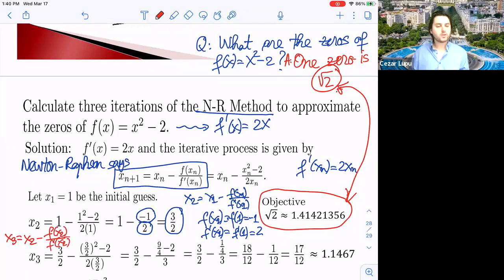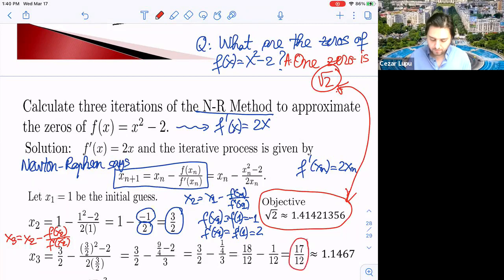And again, by just computing f of x2 and f prime of x2, right? So basically f of 3/2 and f prime of 3/2, so we're just going to replace them there. So you'll get this. So it's going to be 3/2 minus a fraction, and on the top we have (3/2) squared minus 2, and on the bottom we have 2 times 3/2, right? Because that's the derivative. And anyway, by just doing algebra here, we will get something.